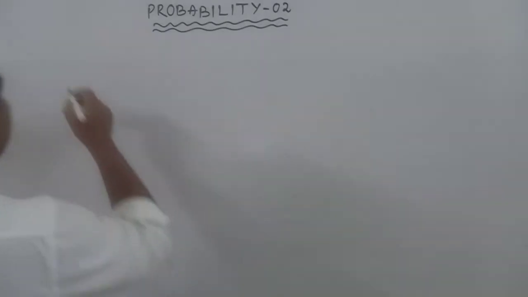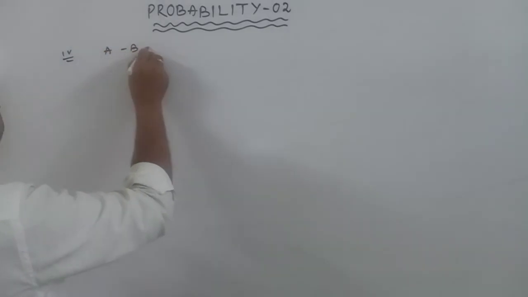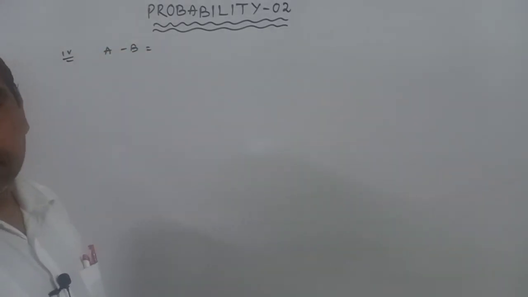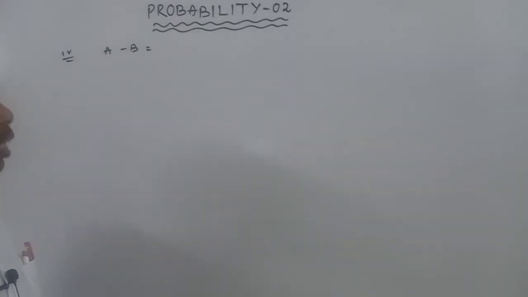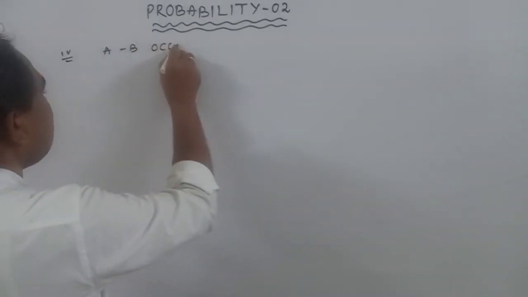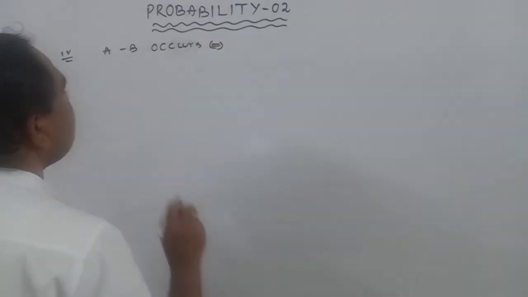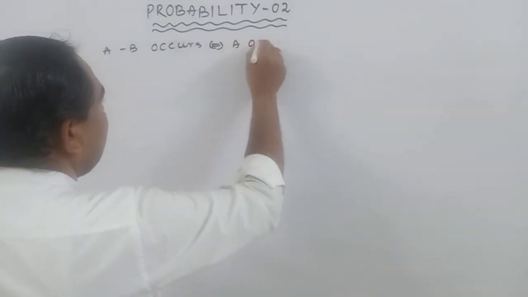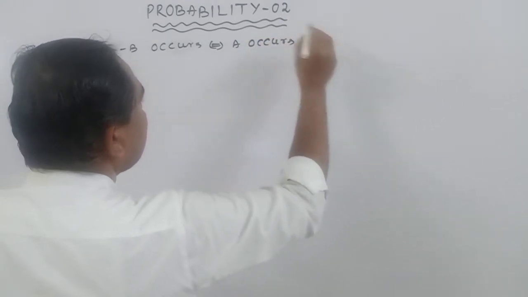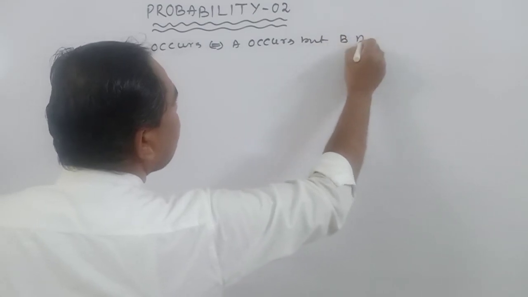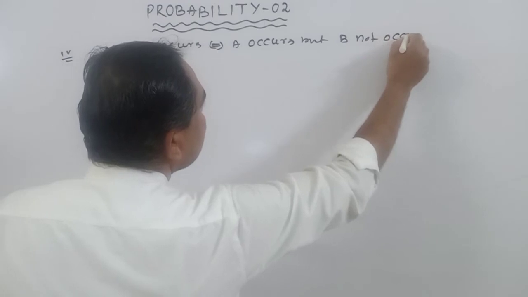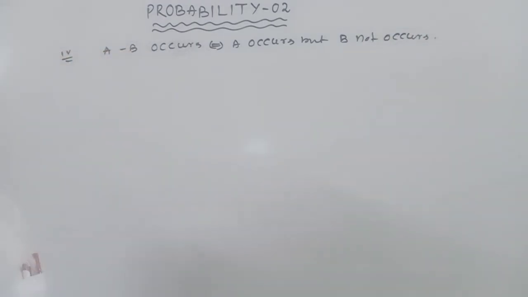Next, fourth: A minus B. A minus B means the event of occurrence of A but non-occurrence of B. A minus B occurs means A occurs but B does not occur.